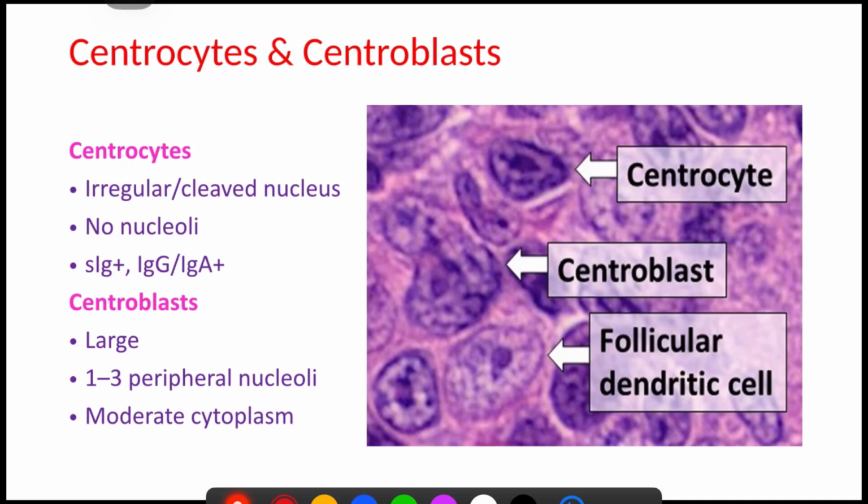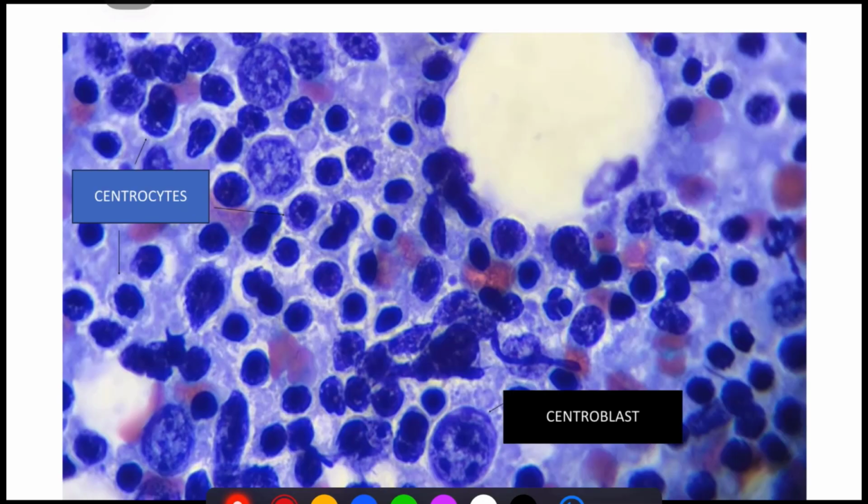So centrocytes have cleaved nuclei, no nucleoli or very small nucleoli, right? And they are surface immunoglobulin positive, IgG as well as IgA positive. Now centroblasts are large, with 1 to 3 peripheral nucleoli and moderate cytoplasm.